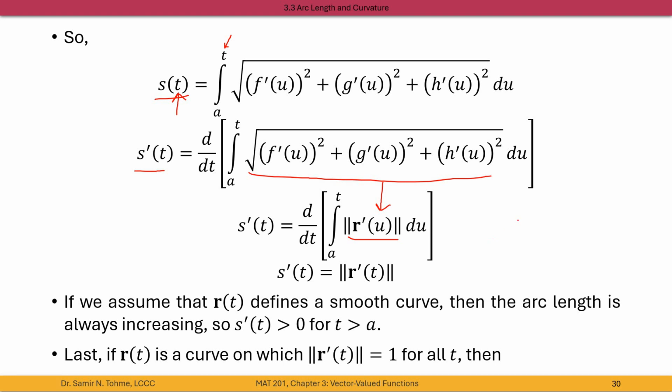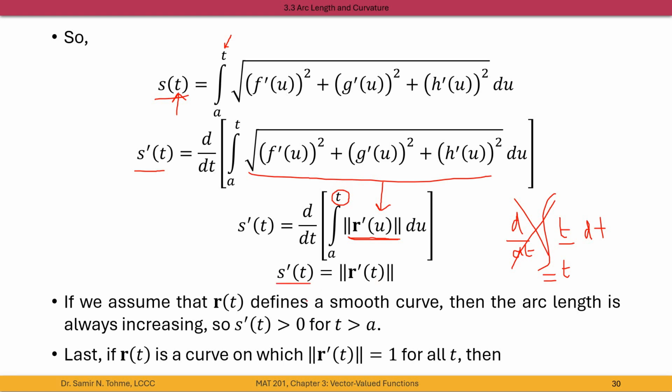So if you're doing the derivative of, let's say, the integral of t dt, think about it in a way that these will cancel each other, the derivative of the integral, and then you're gonna get the result as t. So the derivative of this integral is r prime, the magnitude of r prime itself. And don't forget to put t instead of u.